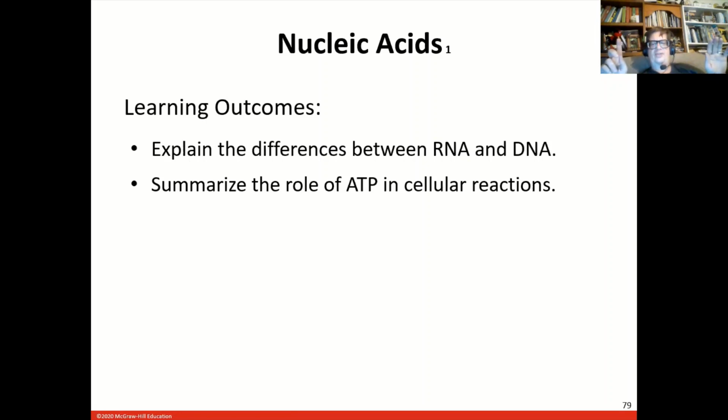That's an always thing. Now, another difference between the two is that DNA uses these 4 bases: adenine, cytosine, guanine, and thymine. RNA uses these 4 bases: adenine, cytosine, guanine, and uracil.